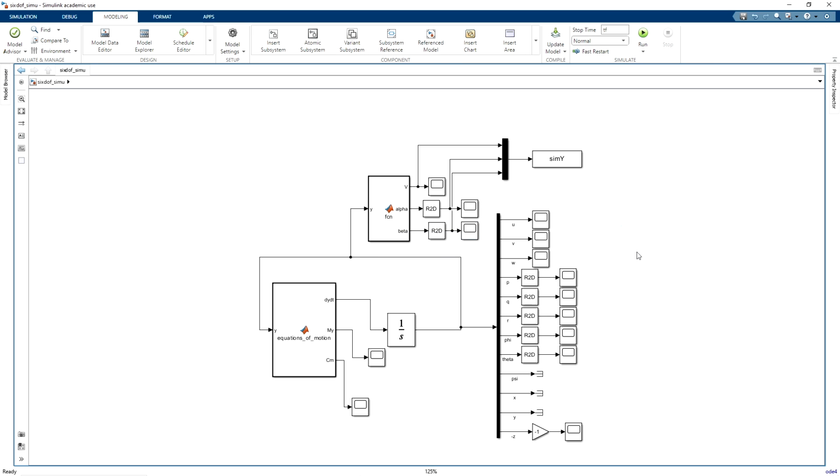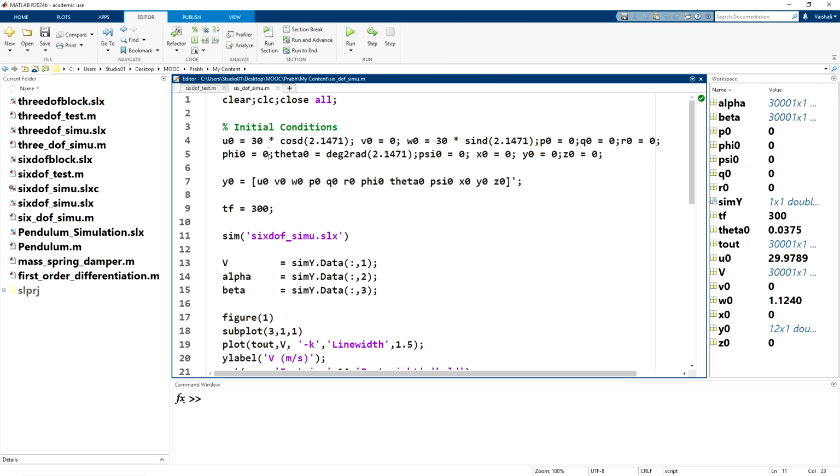All right. Now let me change the initial conditions again and put p naught as 0.1. You can put perturbations or deviations in other parameters as well. It is up to you. So let me rerun the code.